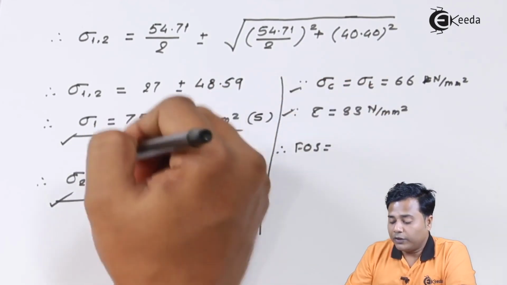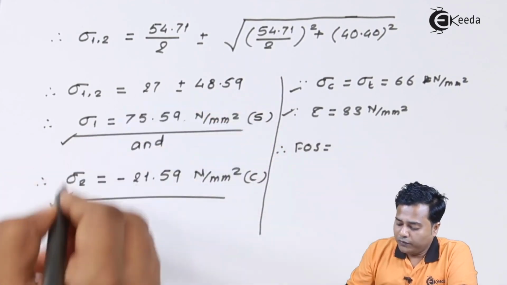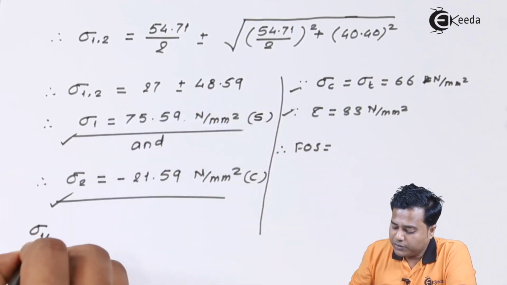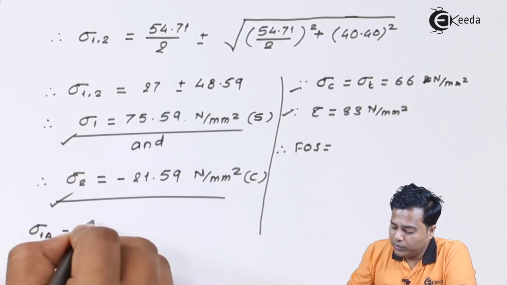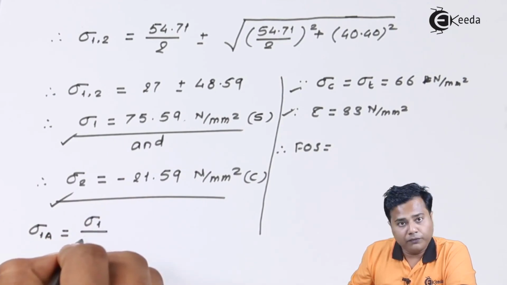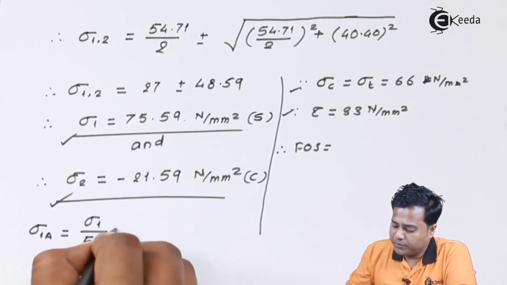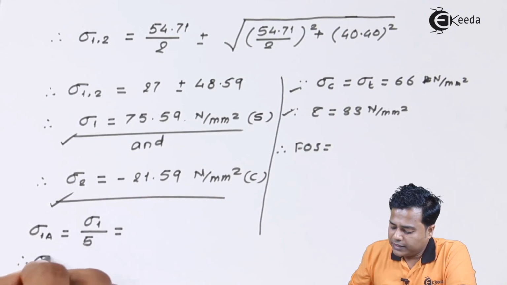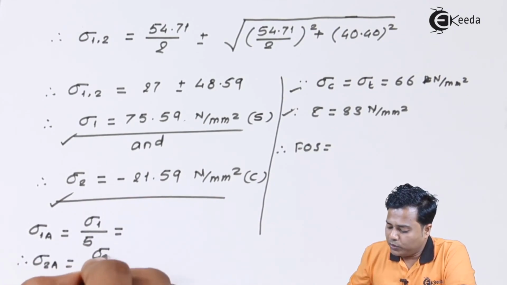Considering factor of safety for this also, sigma 1 allowable is equal to sigma 1 divided by FOS, and sigma 2 allowable is sigma 2 divided by FOS, which is 5.